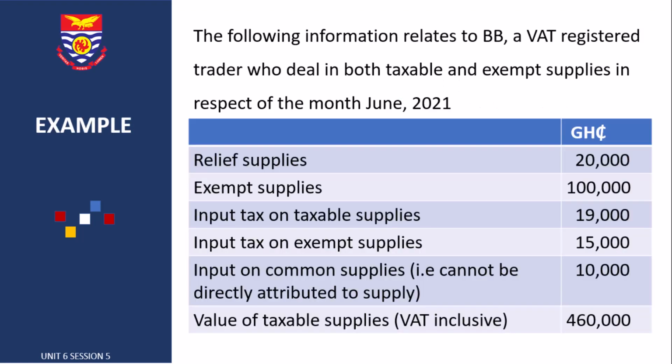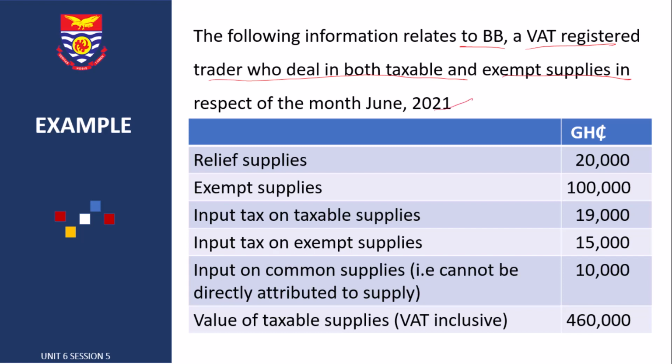Okay, let us look at another example. The following information relates to BB, a VAT registered trader who deals in both taxable and exempt supplies in respect of the month of June 2021.